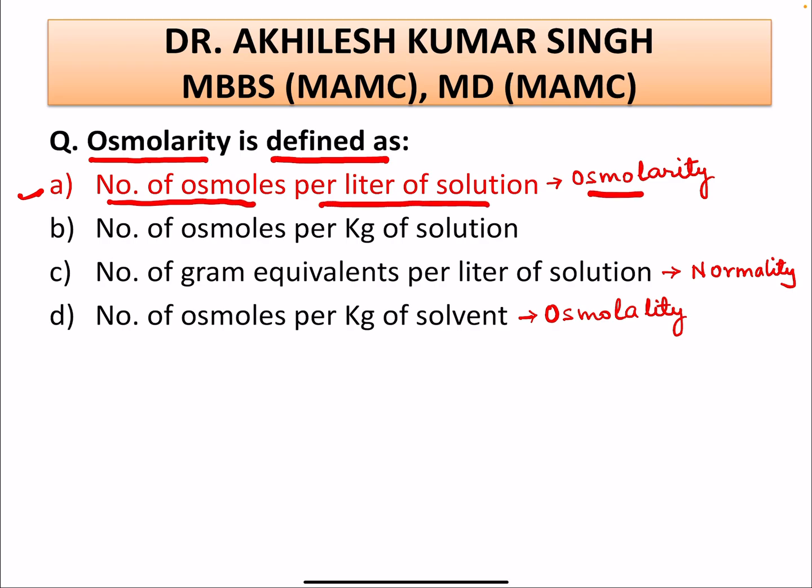It will be the osmolarity. The option C, number of gram equivalents per liter of solution, will be the normality. And the option D, number of osmoles per kg of solvent, will be the osmolality. So the correct answer will be A, number of osmoles per liter of solution.